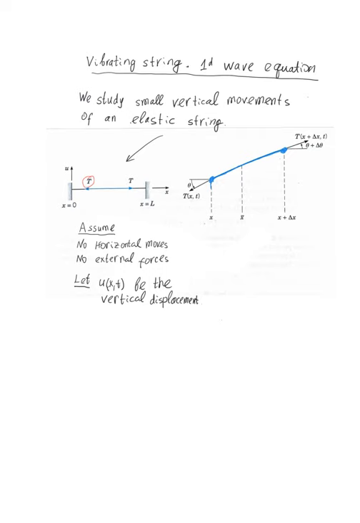We are going to write the second Newton law for the vertical movement of this segment. First, let's denote the vertical component of the tension by V. For our segment, there are two vertical forces at the left side and at the right side.